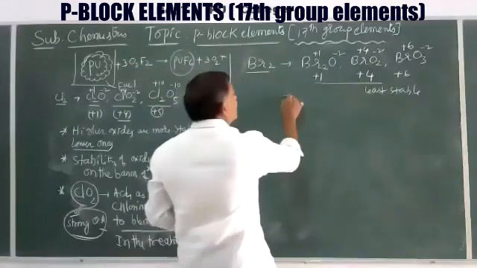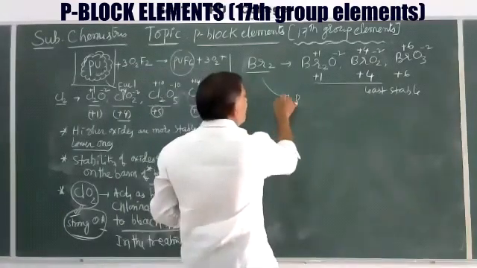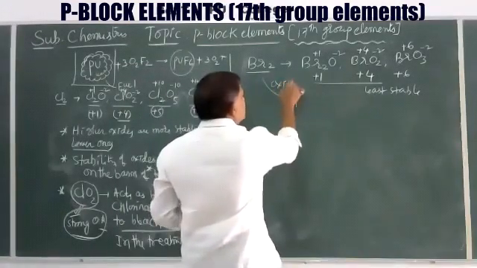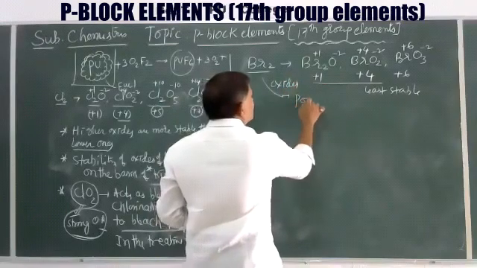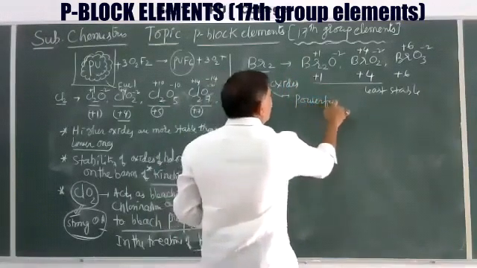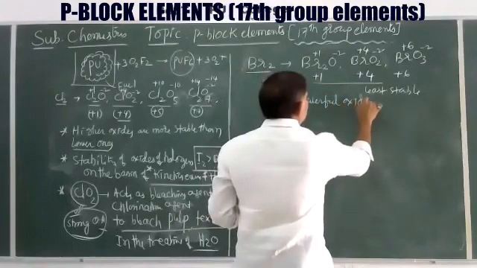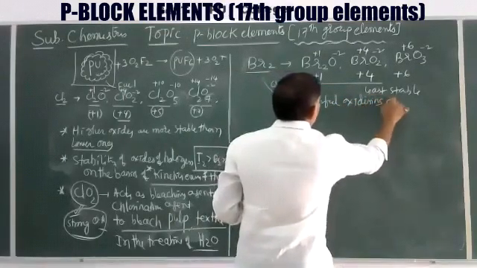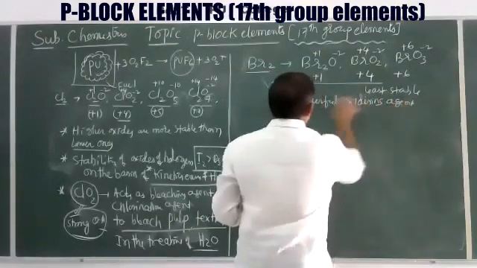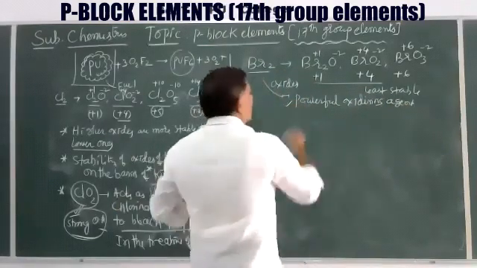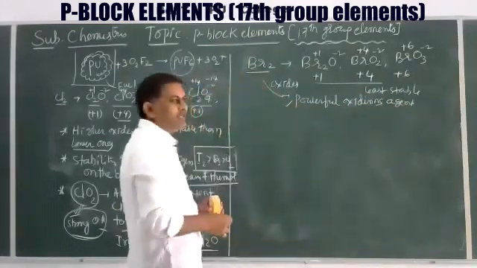These bromine-related oxides act as powerful oxidizing agents, more powerful compared to the chlorine ones.